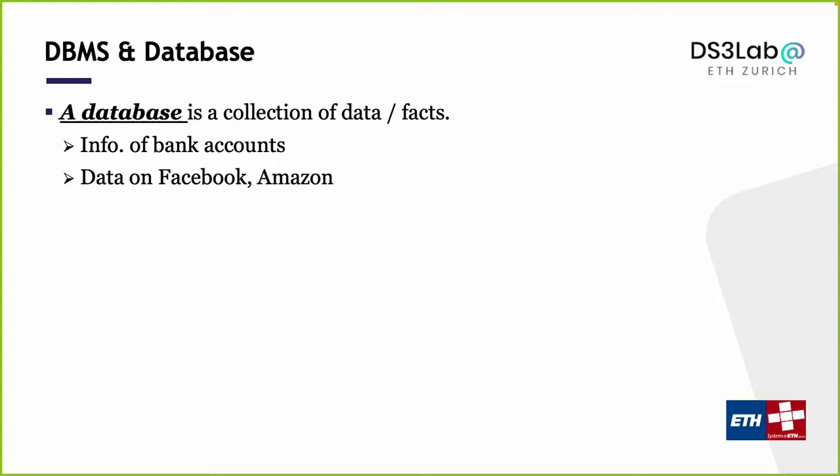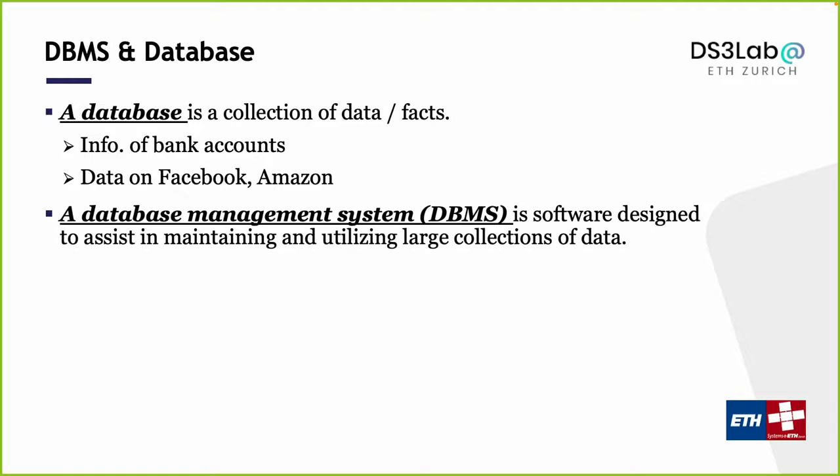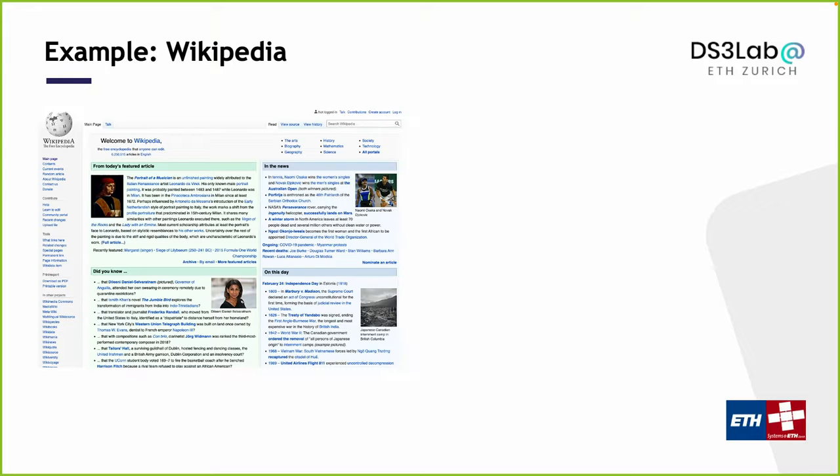You have your data on Facebook, on Amazon. That's another database. A database is a collection of data or facts. A database management system is a piece of software designed to maintain and utilize a large collection of data.